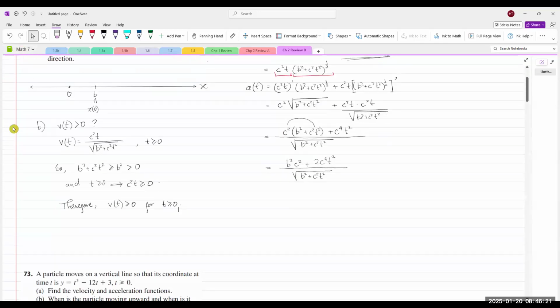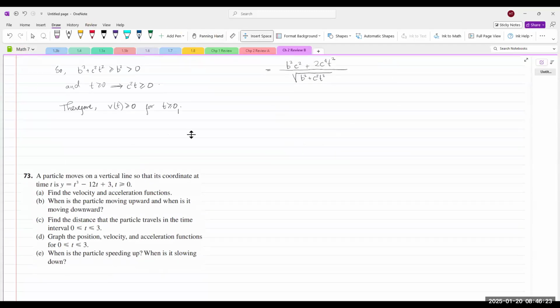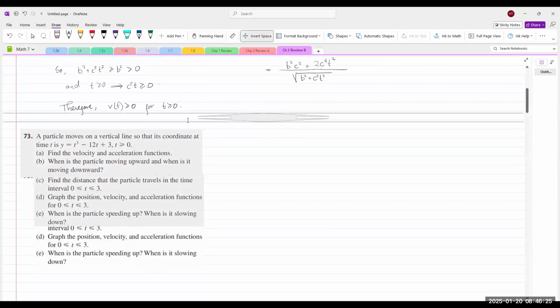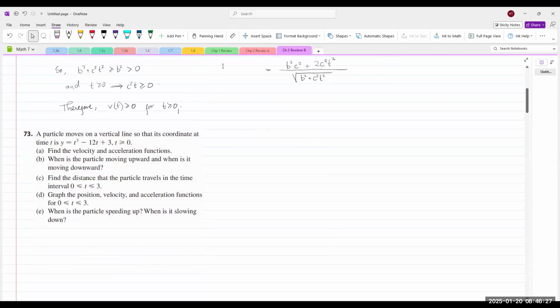That's for number 72. Number 73, I usually don't do odd numbers, right? But let's try to apply this even further. Now, a particle moves on a vertical line. Oh, this time it's a vertical line.